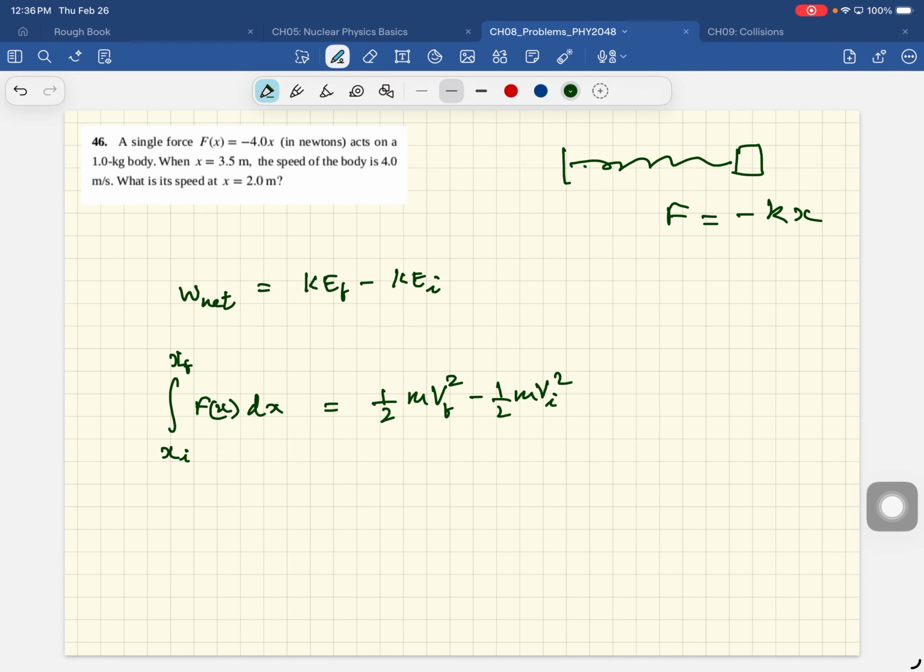All right? So, the initial velocity is that. The initial position is 3.5 meters. The final position is 2 meters. Okay? So the integral from 3.5 meters to 2 meters of minus 4x dx equal to 1/2 m times v final squared minus v initial squared, where v initial is 4.